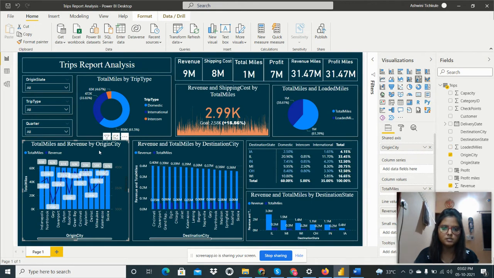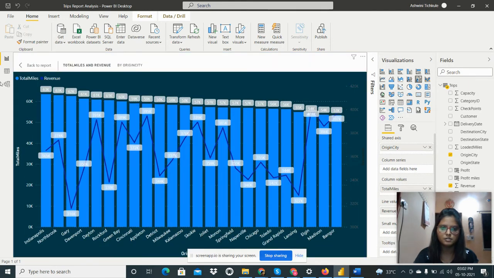Then the chart is the line clustered column chart. Here we can focus on this particular visual and see the total miles, and the dark one is the revenue. So this line shows the revenue cost, and these bars show the total miles, for that particular state.